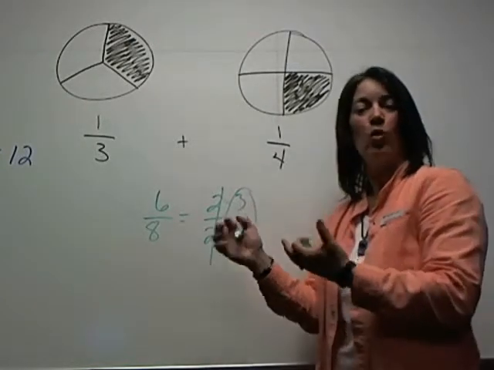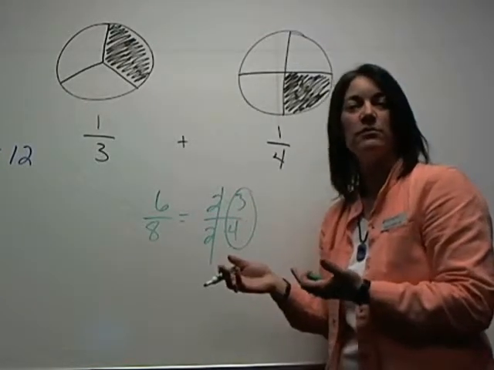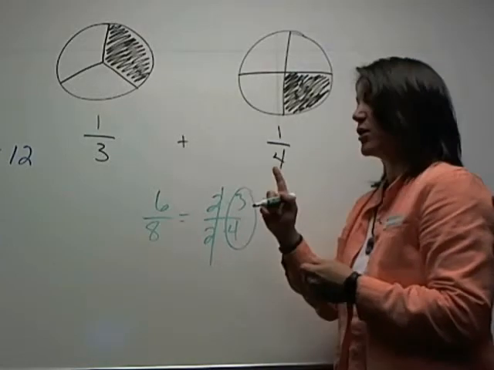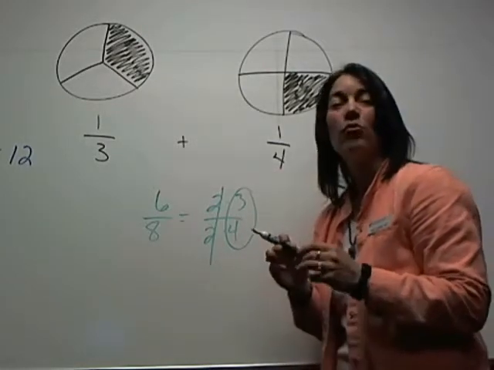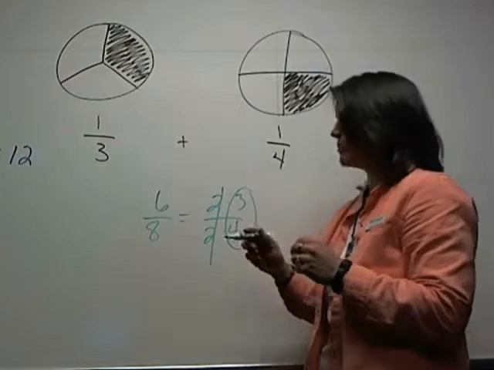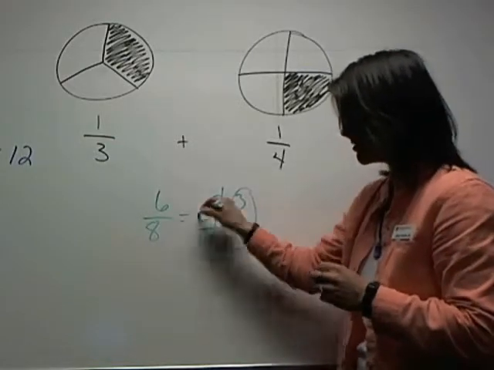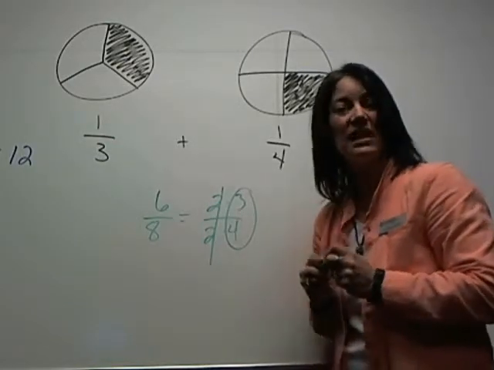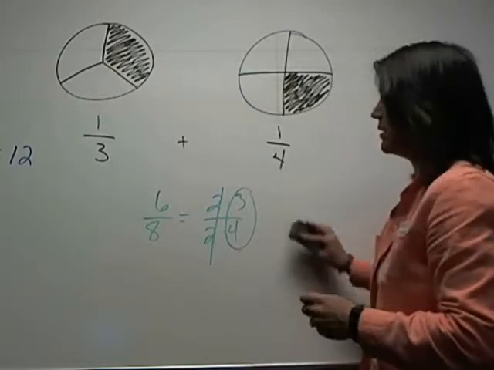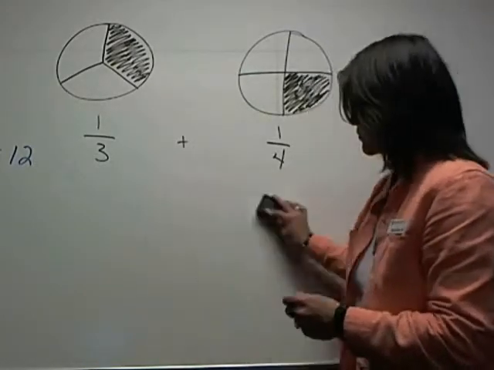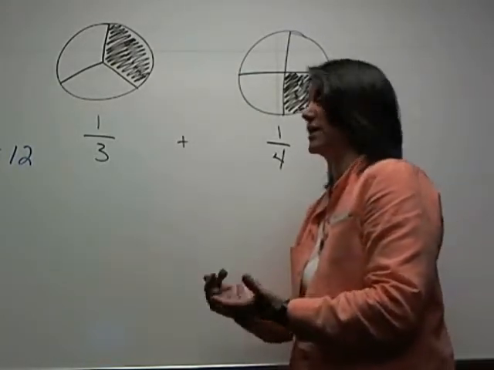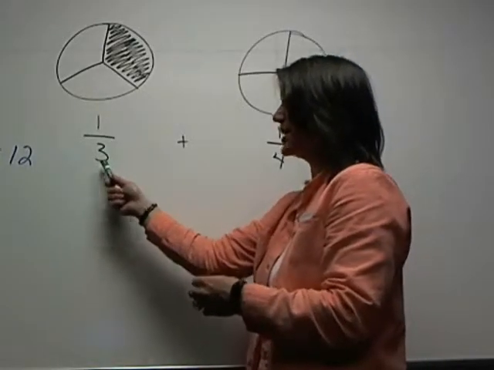Any number times 1 is itself. But instead of just multiplying it by 1, I'm going to do a funky form of 1. So instead of it just being 1, I'm going to do something like this, in which it's some number over itself. Okay. So I can multiply. What do I multiply 3 by to get 12?